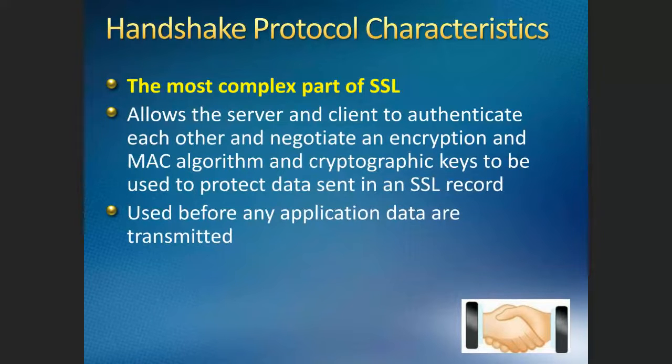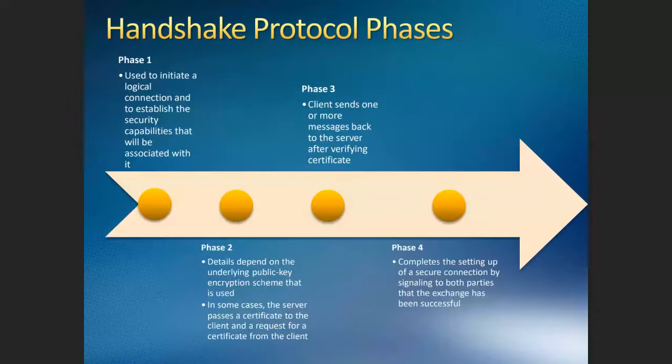It is used before any application data are transmitted. Of course, they have to authenticate each other, then they can communicate. Handshake protocol phases. Phase 1 is used to initiate a logical connection and to establish security capabilities.